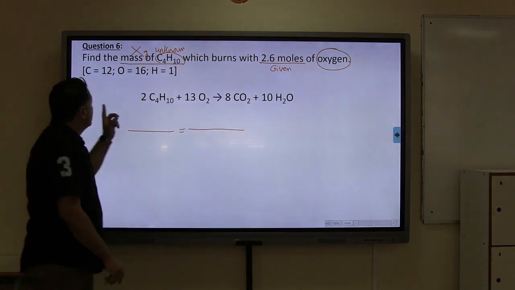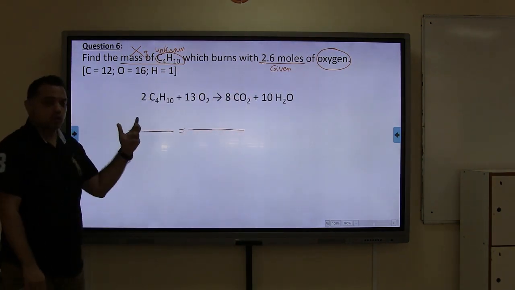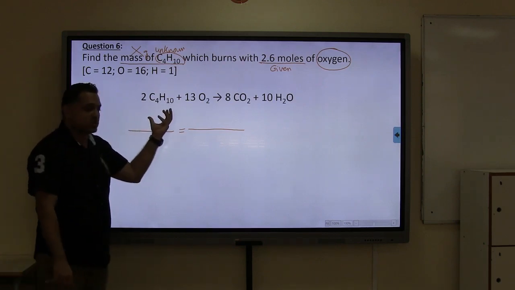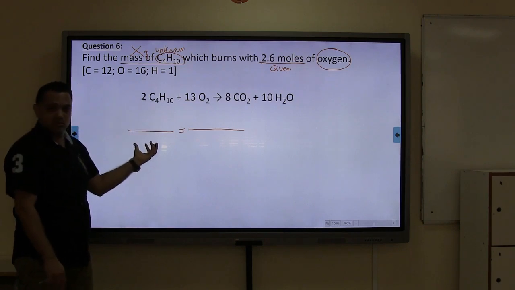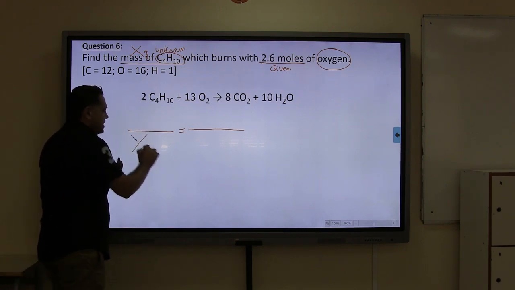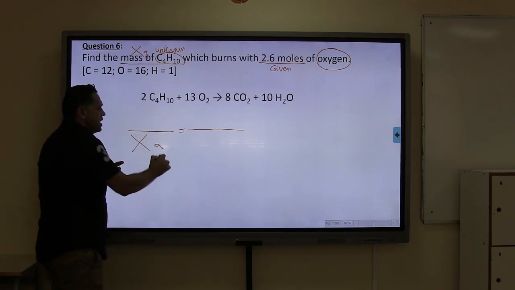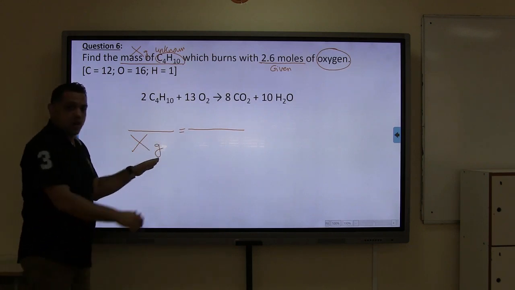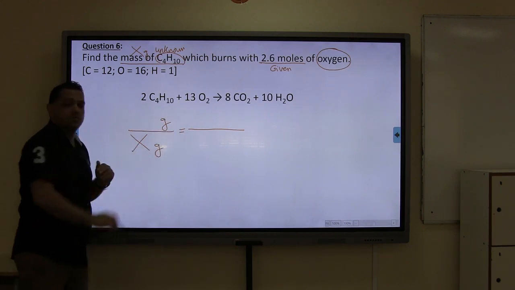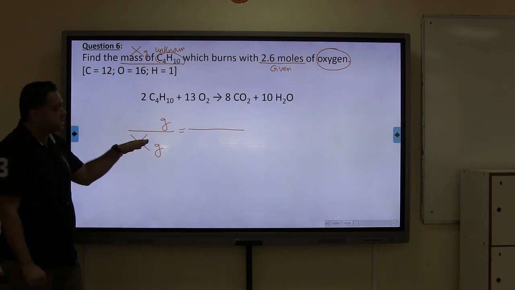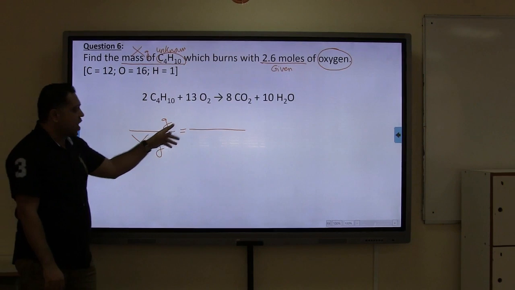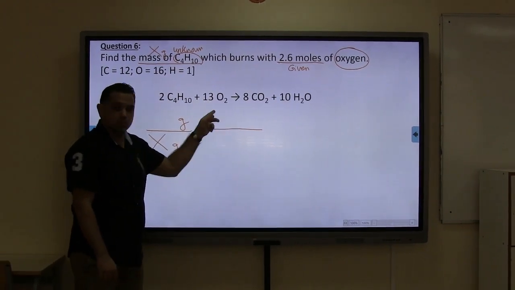So here, find the mass. I don't know the mass of butane, C4H10. So in this case, I need to place X below the C4H10. So I put X, find the mass, X grams, which will burn with 2.6 moles of oxygen. For oxygen, 2.6 moles.